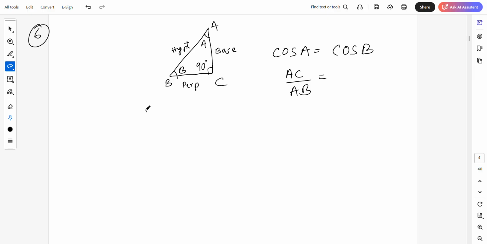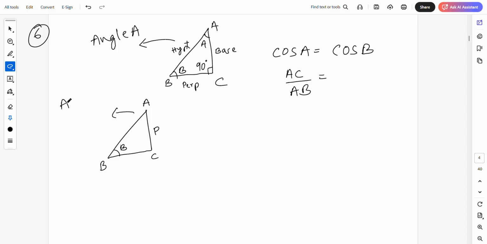If I write for angle B, this will be the perpendicular. This I have written for angle A: for angle A, this is perpendicular, this is base, this is hypotenuse.